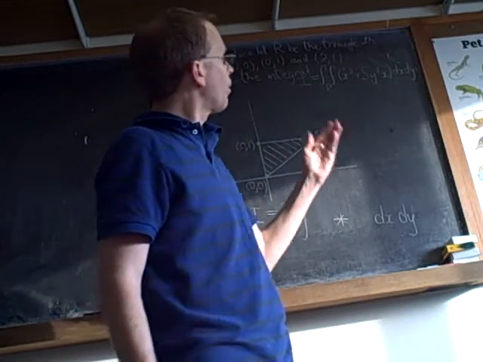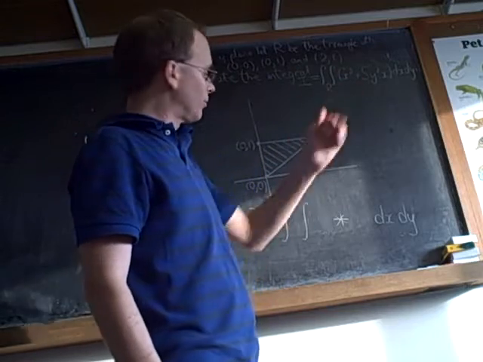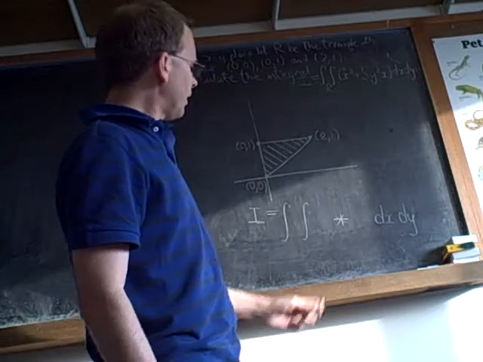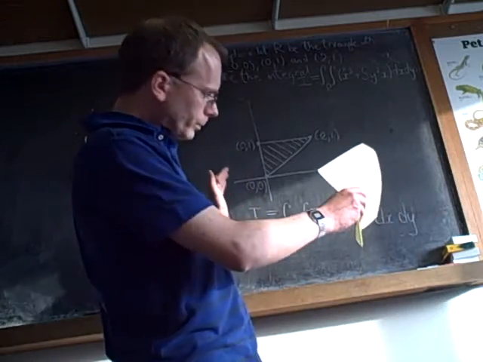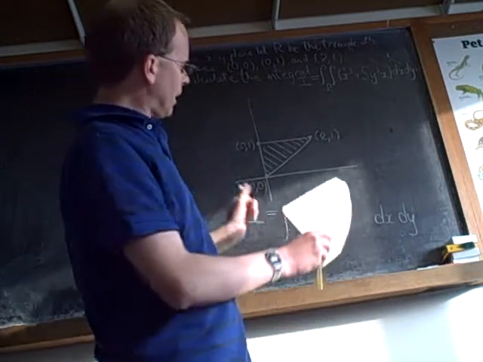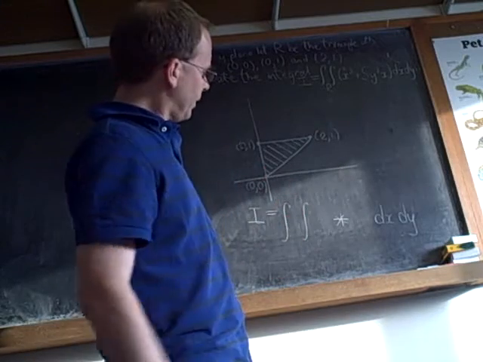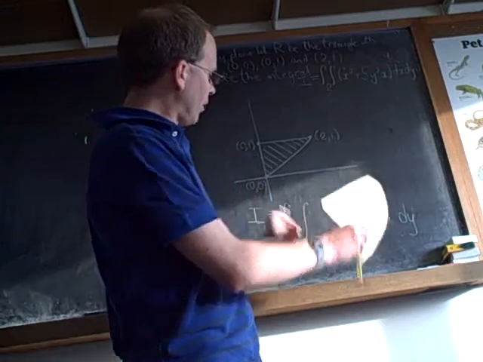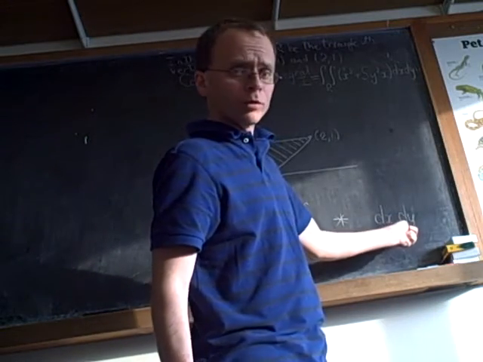I'm not actually going to bother working out the integral all the way to an answer. What I'm interested in is just setting up the limits. Now, setting up the limits, we work from the outside in, whereas in evaluating the integral we would work from the inside out. So we start with the outer variable, which is y.